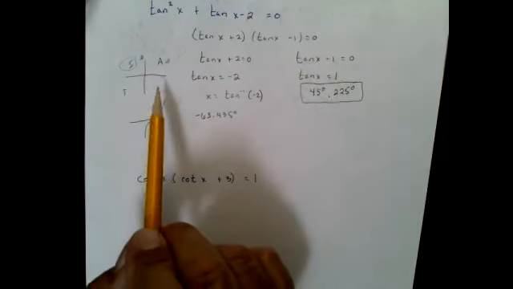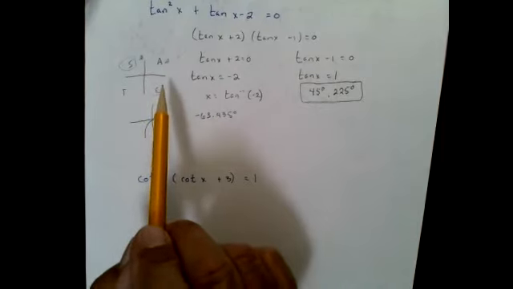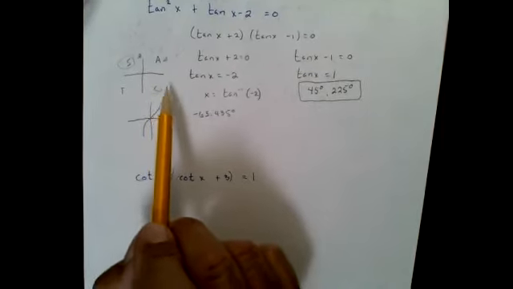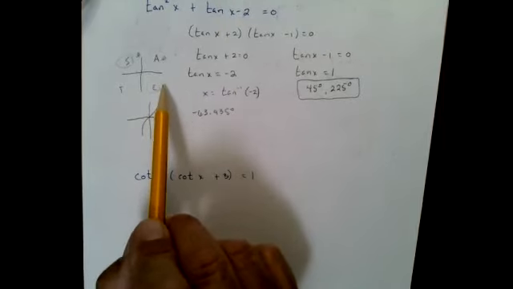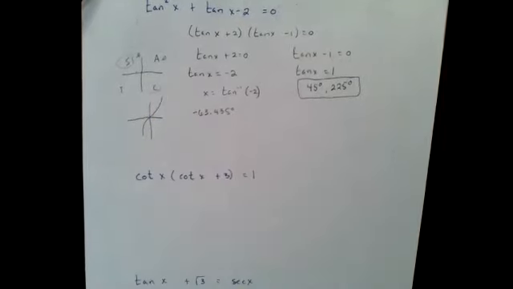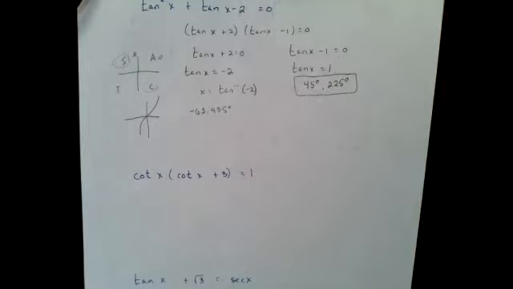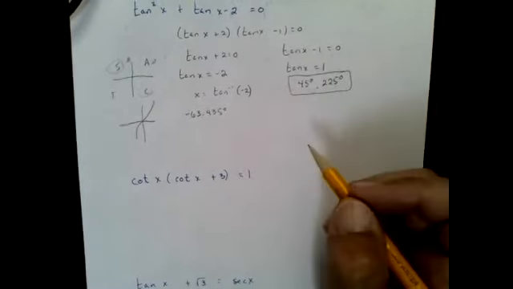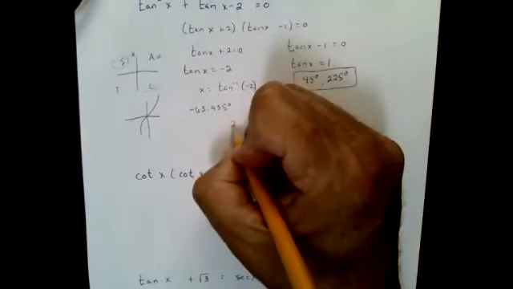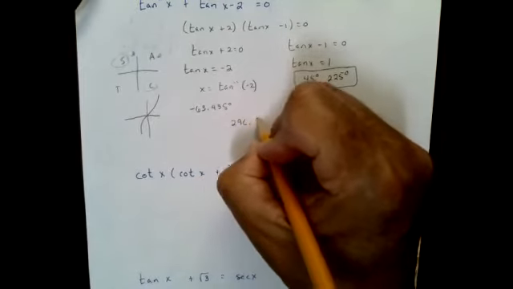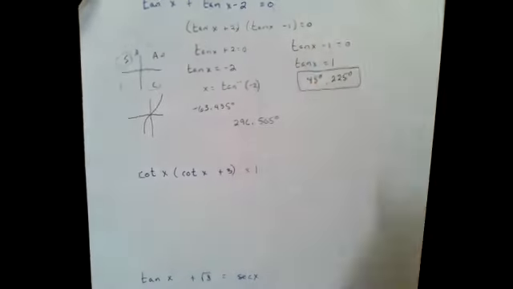That does in fact put me in this quadrant. So if I wanted to find the angle measure in this quadrant, what is -63 degrees? I'm going to do 360 minus 63.435, and I get 296.565 degrees.